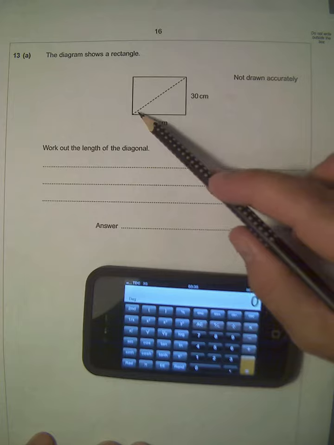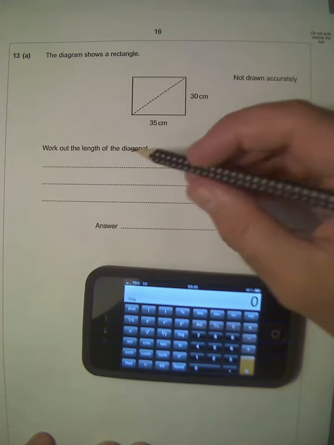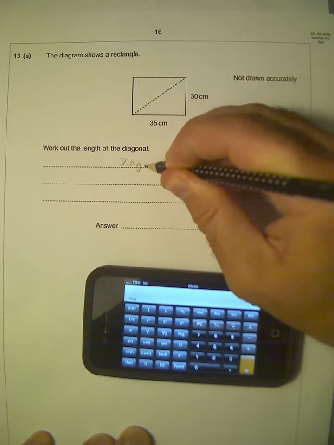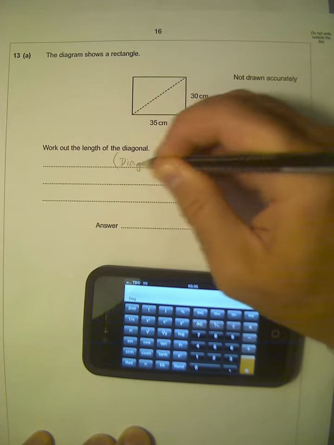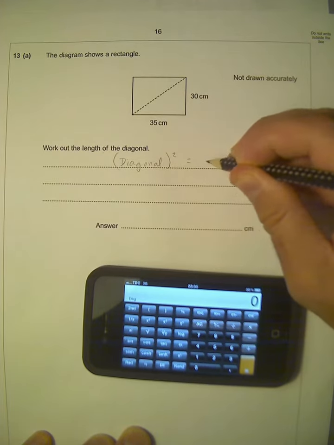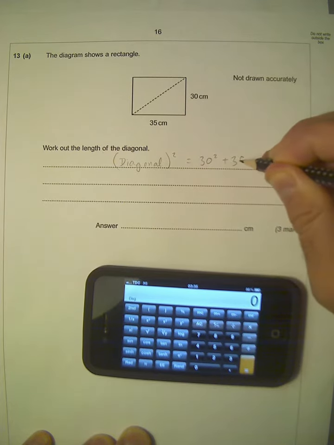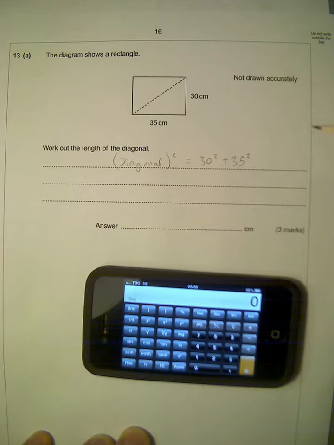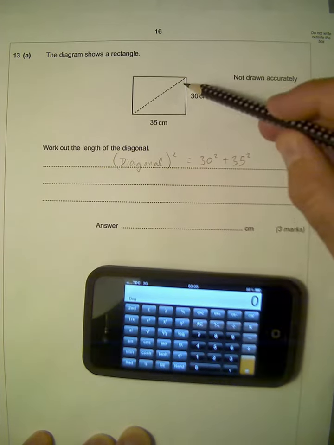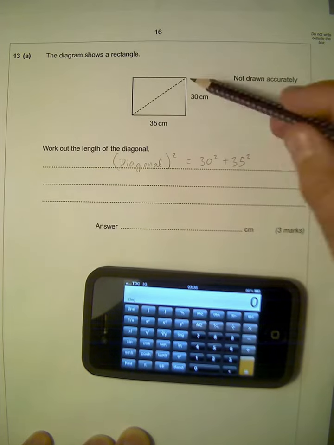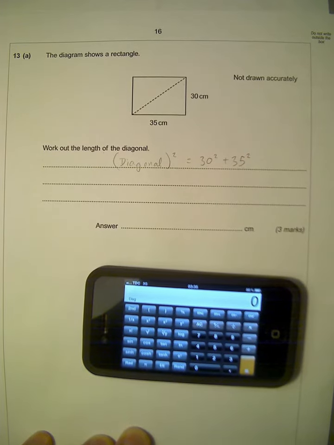Work out the length of the diagonal. So the diagonal squared equals 30 squared plus 35 squared, because there's a right-angled triangle there with the diagonal being the hypotenuse.